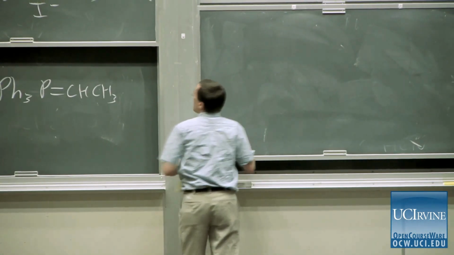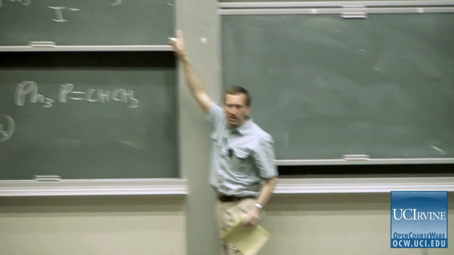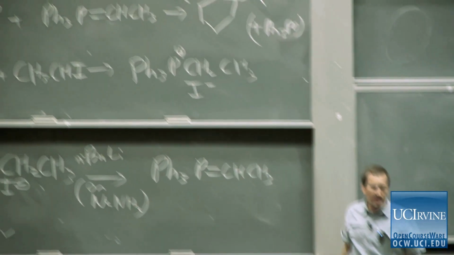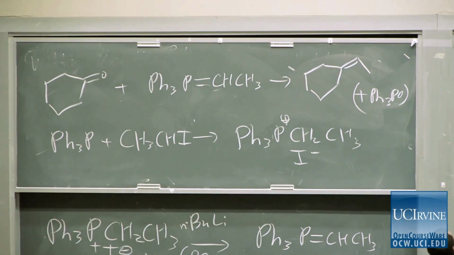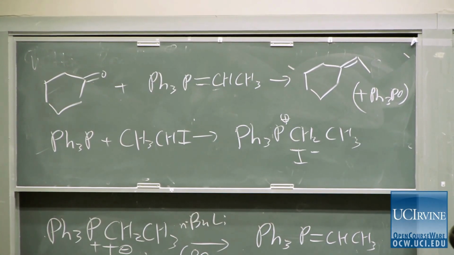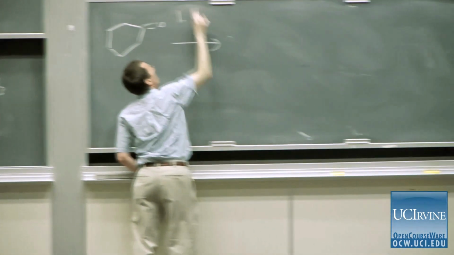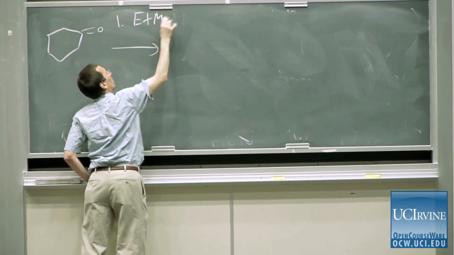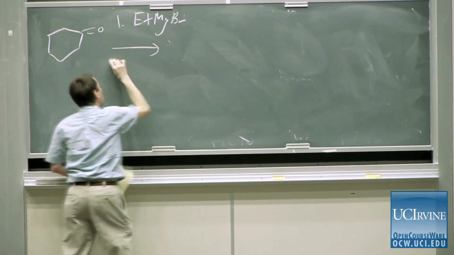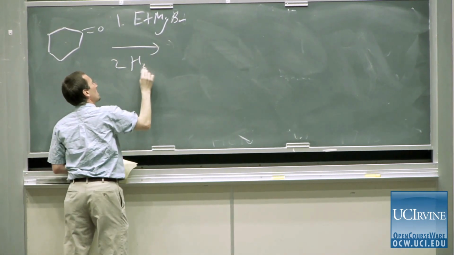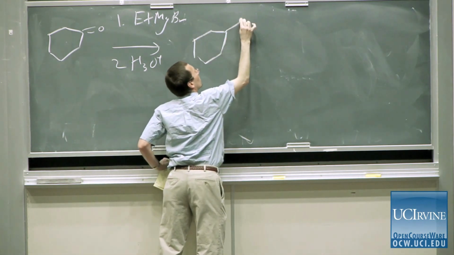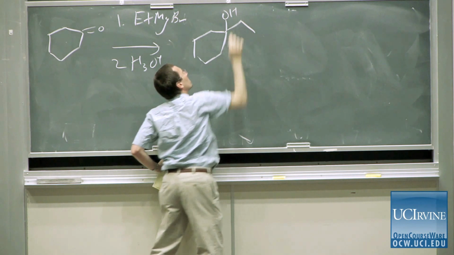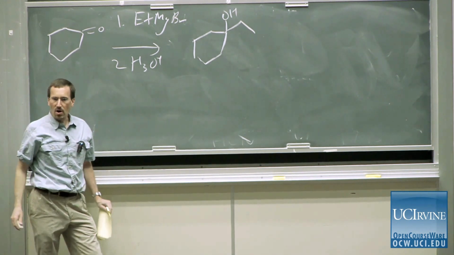If we wanted to make this same alkene by an E1 elimination reaction, I might imagine starting with cyclohexanone and treating it first with ethyl magnesium bromide, and then doing an aqueous workup to give the corresponding alcohol.